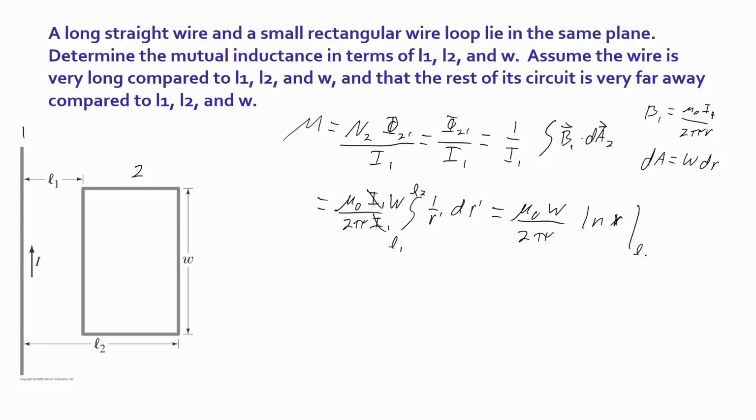But okay, so from L1 to L2, and so that gives us this expression here, where we're going to have ln of L2 minus ln of L1. I kind of combined my L in there, and that should be a 1, having a hard time.